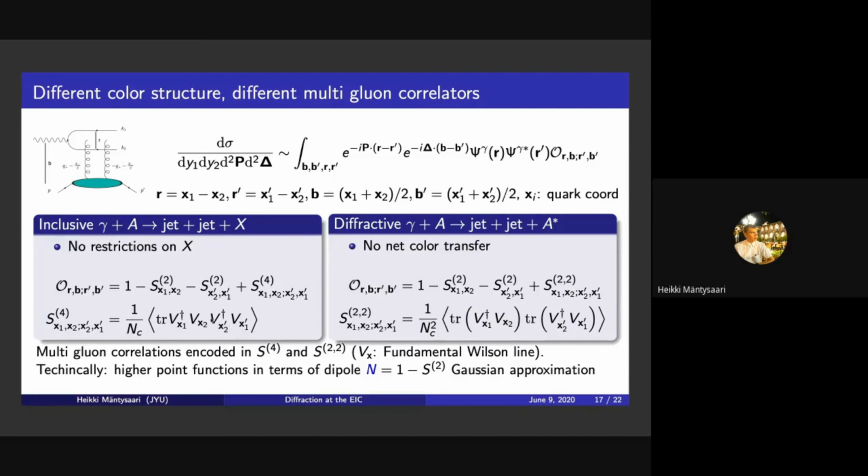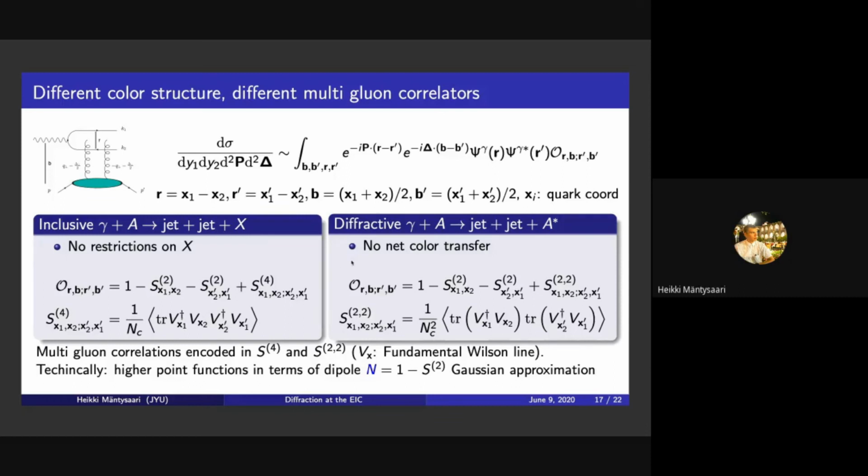The dipole amplitude that I have been discussing so far is a correlator of two Wilson lines, basically trace V dagger V. Now you also get some structures like traces of four Wilson lines, but we basically know how to evaluate those.